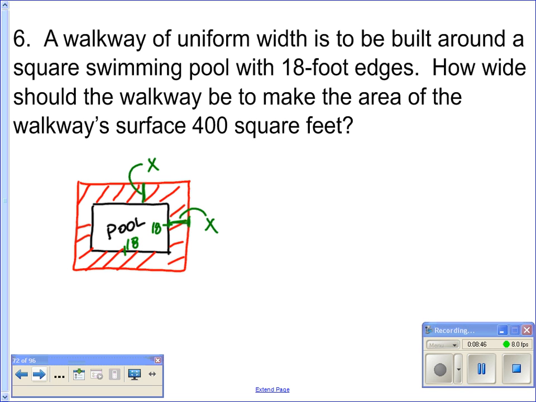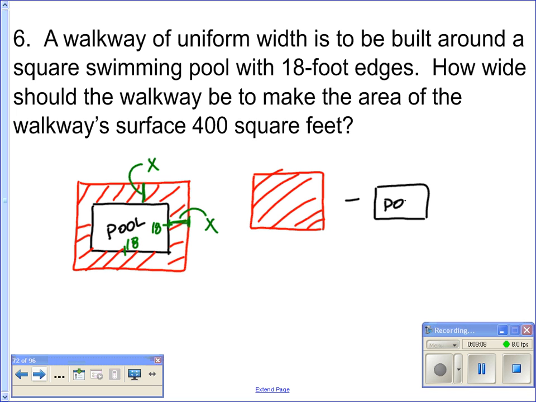So given that information, all we need to do is write an equation for this. One way to think about this is you have this big piece here, but not all of it is going to be the walkway because you have the pool inside there. So what we have to do is subtract out the pool area. Okay, so we need to think about the dimensions.